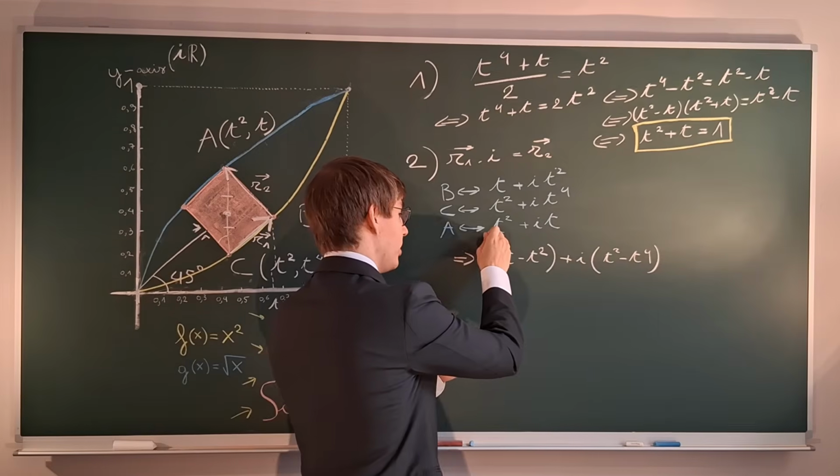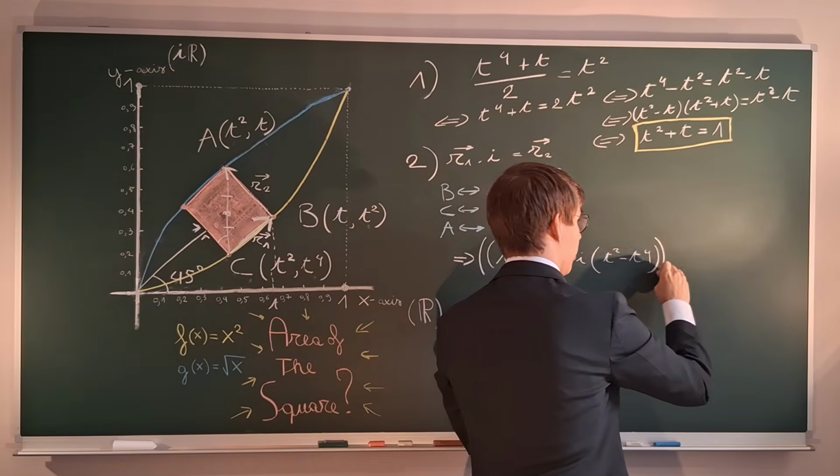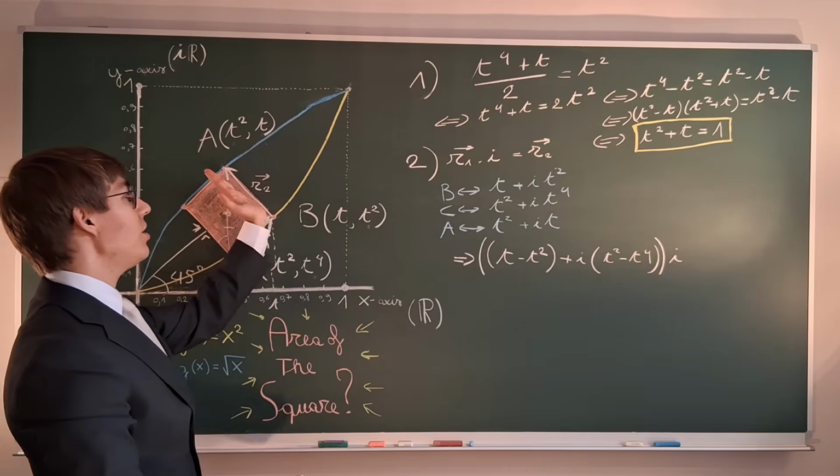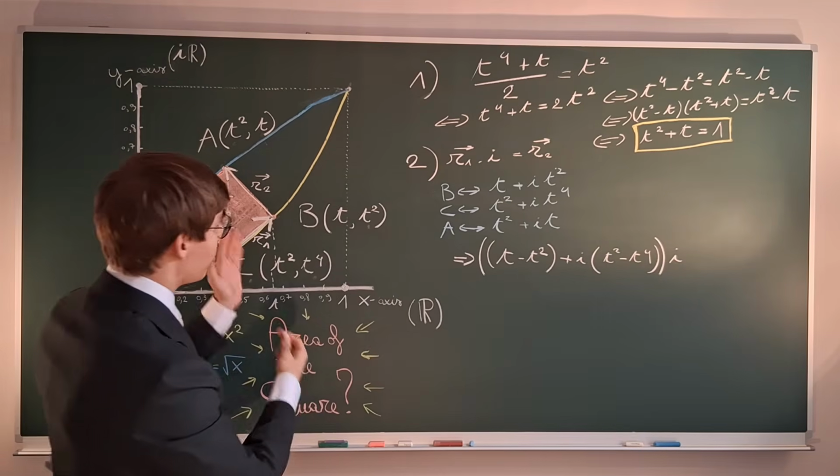And now this whole quantity times i gives me a rotation over 90 degrees, which gives me exactly vector R2.